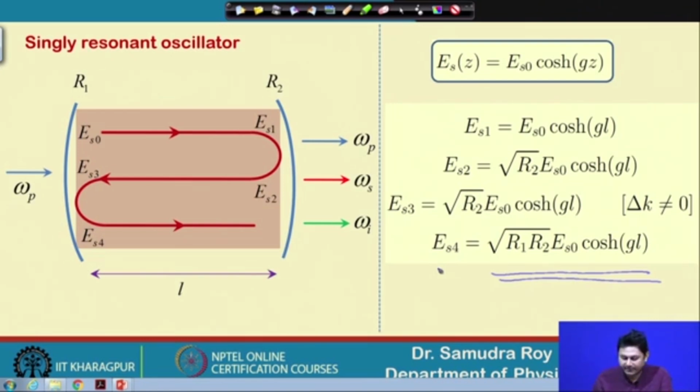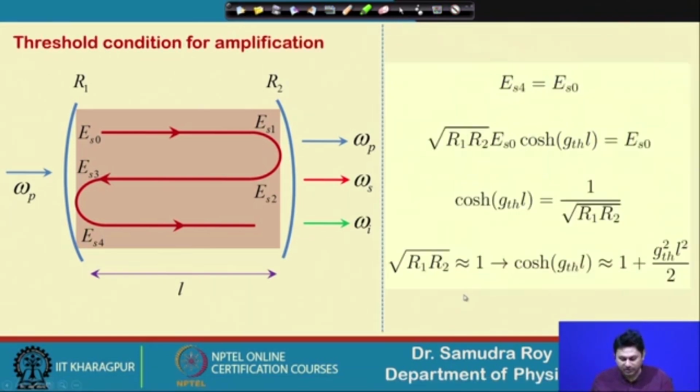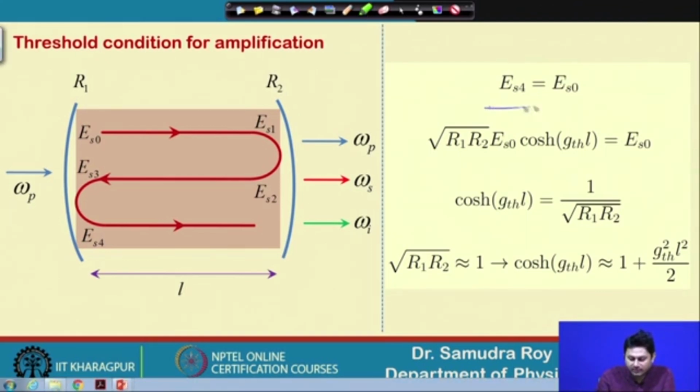Once we have this in our hand, the next thing is to find out the threshold condition. As I mentioned, the threshold condition is when ES4 is equal to ES0, that means this value and, after one round trip, this value are the same.